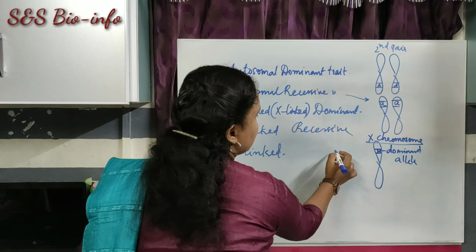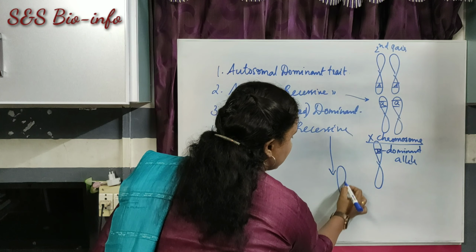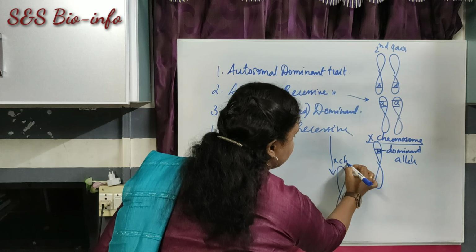Next, sex-linked recessive means it is also present in the X chromosome. The recessive allele is present in the X chromosome. The recessive allele can be represented by using a small h. So, because of the mutation of the recessive allele, the recessive character or sex-linked character appears in the person. So, next one, Y-linked. Suppose this is the Y chromosome.